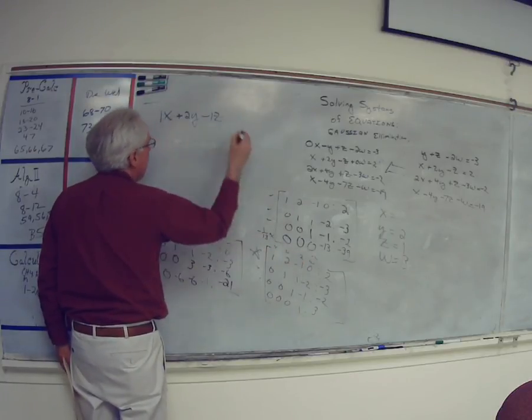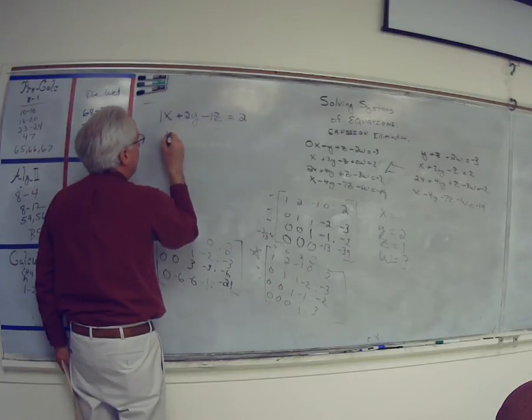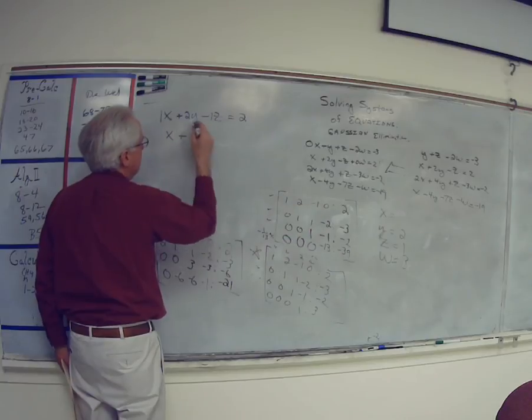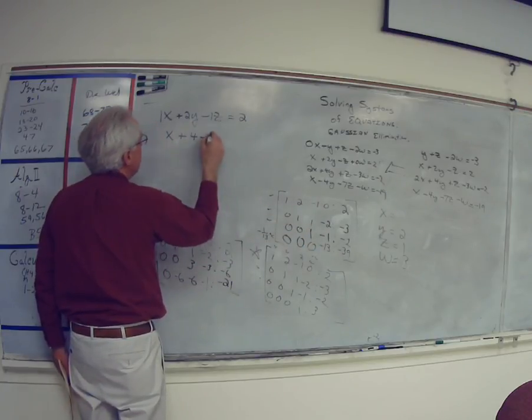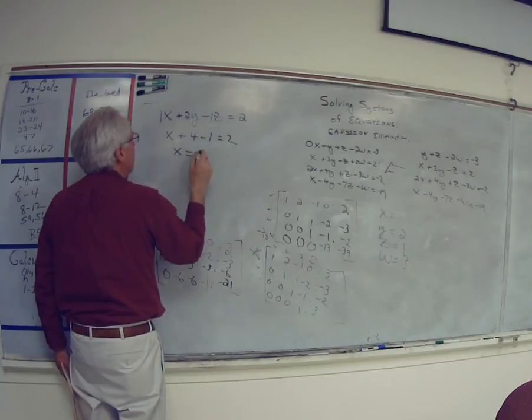So we'll just leave that out, and that's equal to 2. So then X plus, what's 2 times Y? Y is 2. 2 times 2 is 4. Minus 1 times Z. Z is 1, so that's minus 1, is equal to 2. X is equal to, let's see, this is 3. I would subtract 3 from both sides. So negative 1.